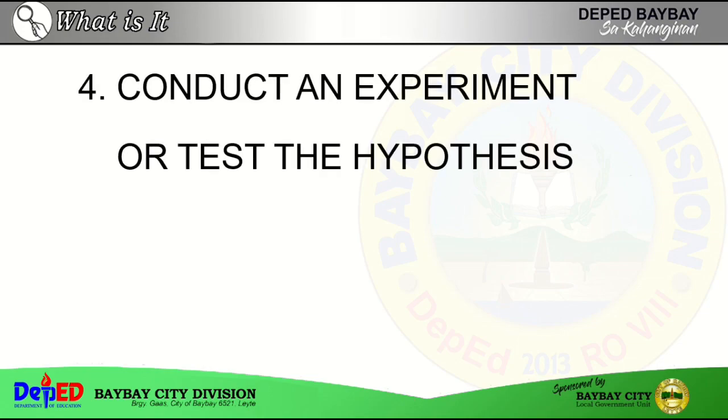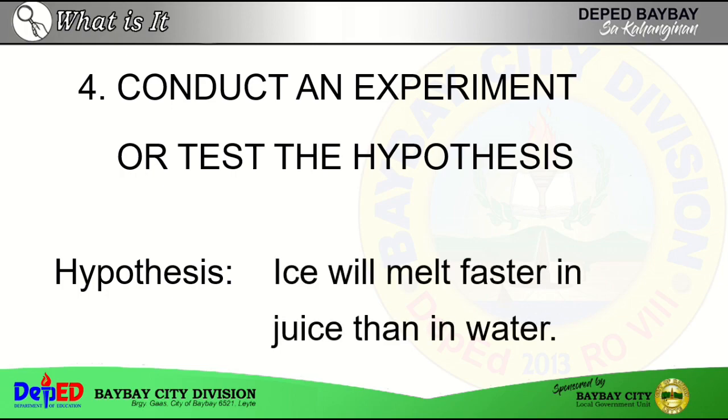The fourth step of the scientific method is conduct an experiment or test the hypothesis. We made a prediction that ice will melt faster in juice than in water. And now, we must test our hypothesis.